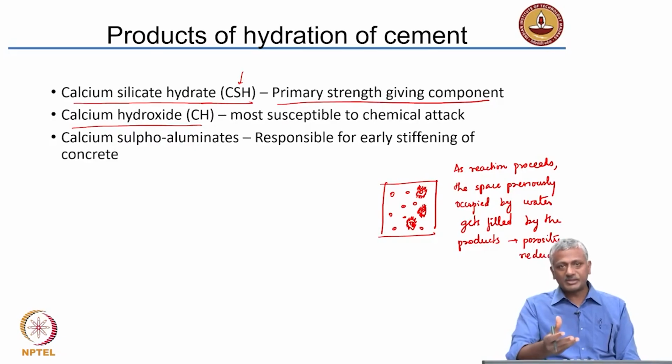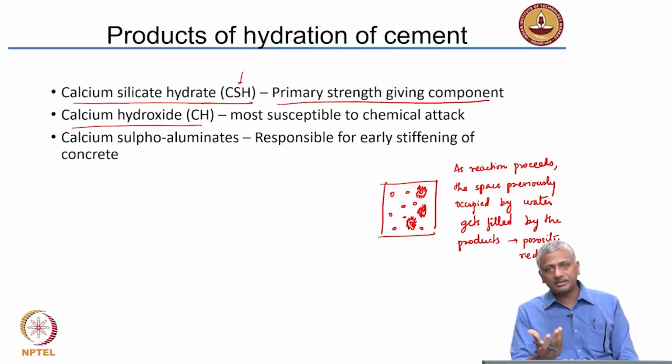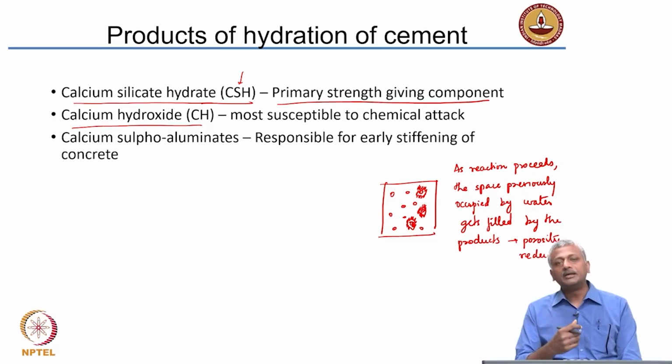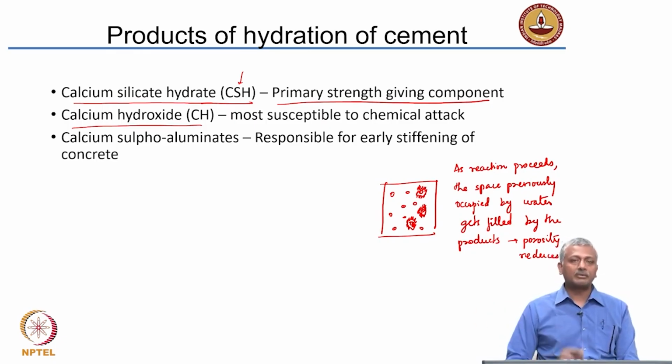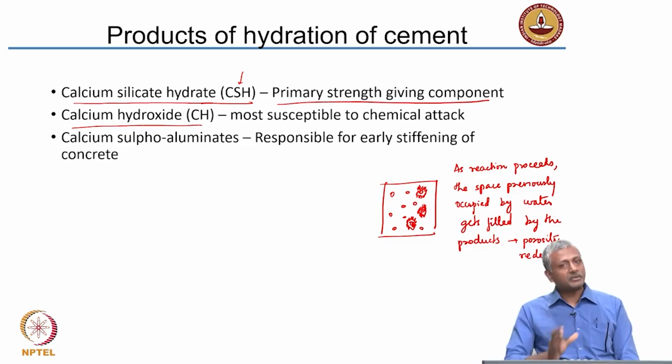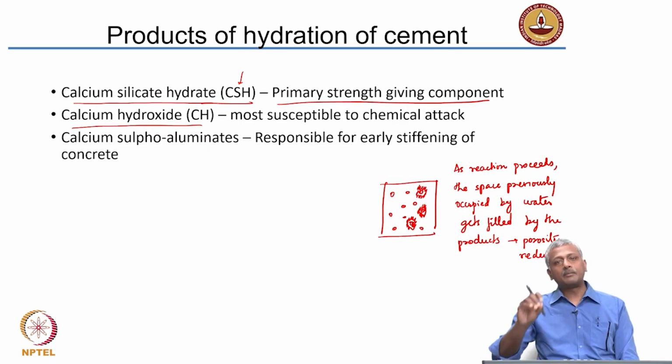So in cement also, there is hydrated lime that is generated from the reaction, and this hydrated lime can be quite easily reacted with a chemical species that is coming into the concrete from outside, like chloride or a sulfate or a carbonate, for instance. Okay? So it is susceptible to chemical attack, but that doesn't mean it's a bad product. It is a good product because it is filling up pore spaces inside the concrete.